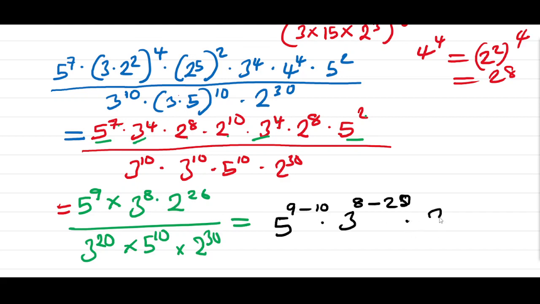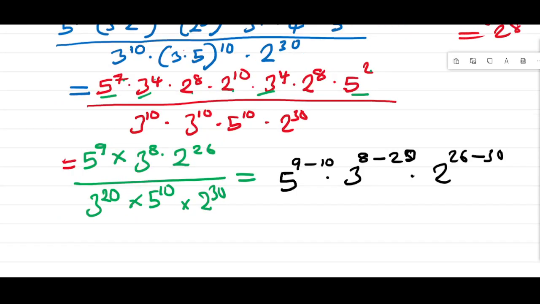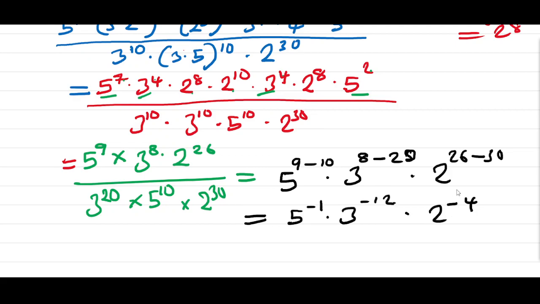For 2, this is 26 minus 30. So everything will then give us a sum total of 5 to the negative 1 power, 3 to the negative 12 power, and then 2 to the negative 4 power.